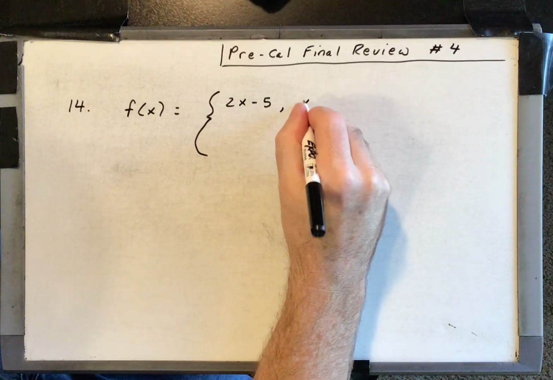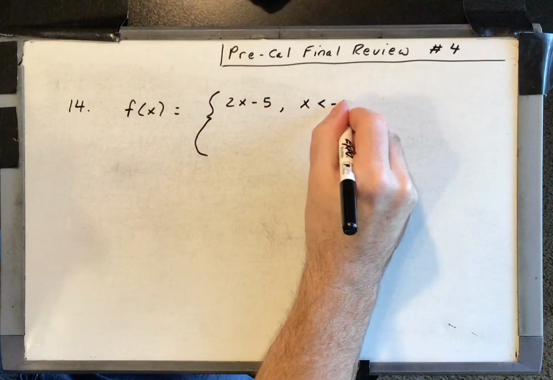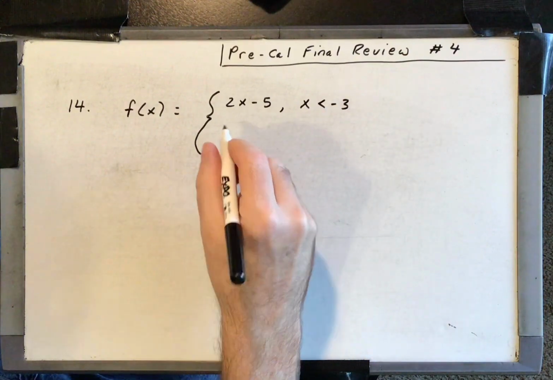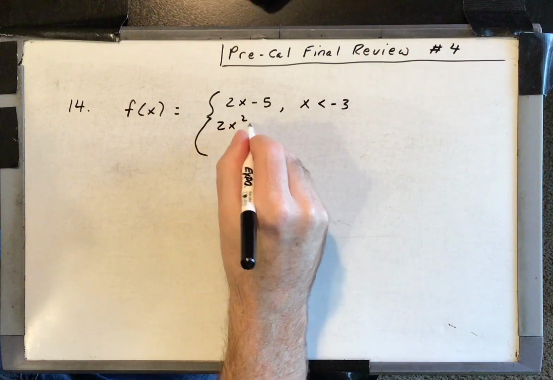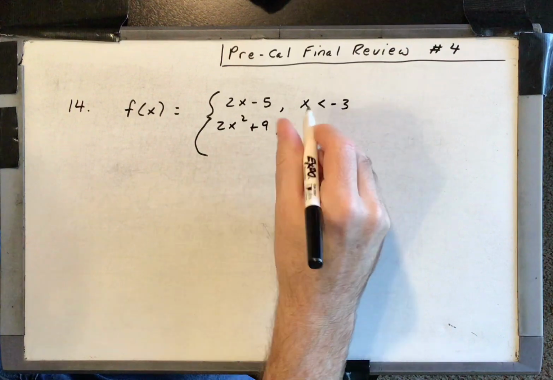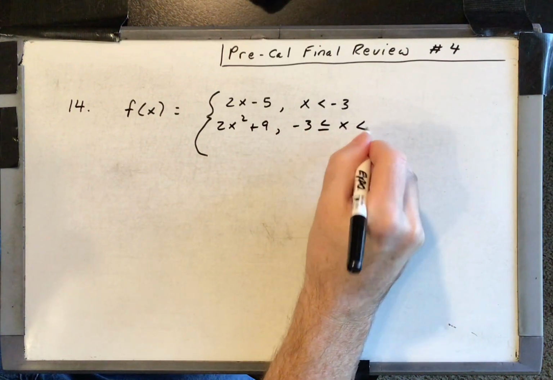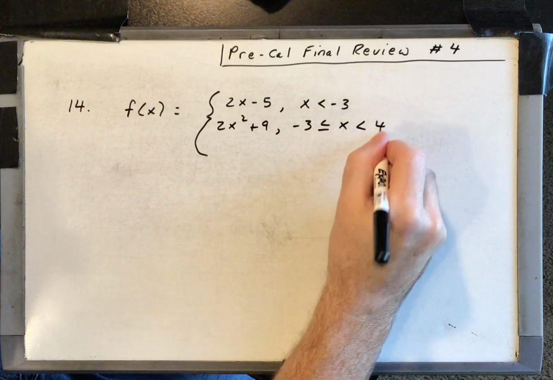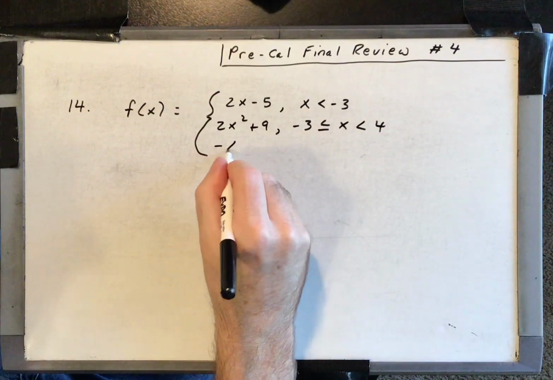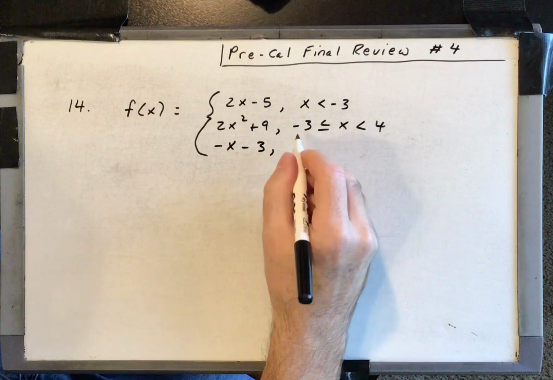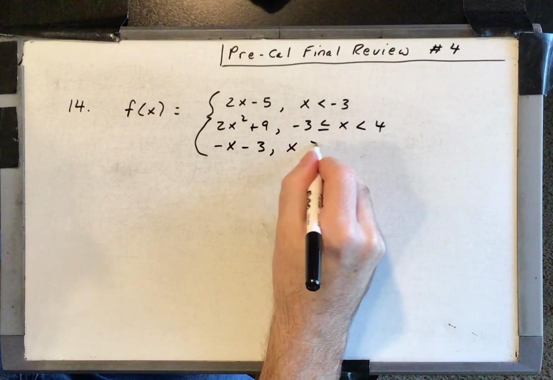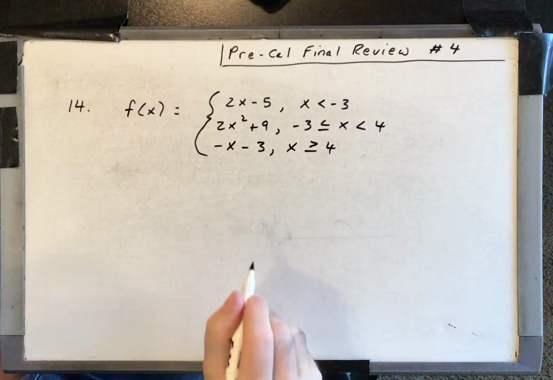And that's when x is less than negative 3. 2x squared plus 9. That's when x is between negative 3 and 4. And negative x minus 3 when x is greater than or equal to 4.